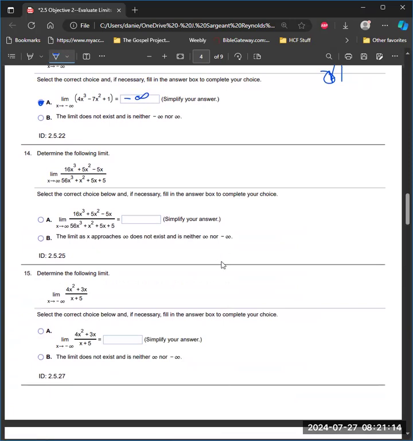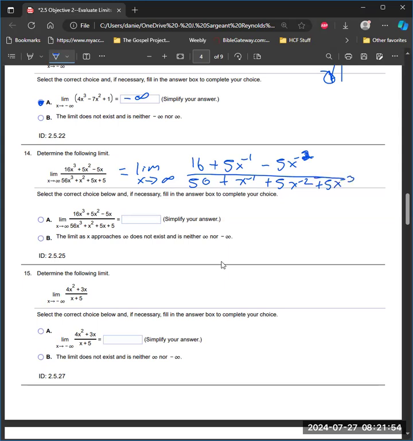Let's now go ahead and use that technique I was talking about before. Limit as x goes to infinity here, and I'm going to multiply everything top and bottom by x to the negative third. So this is going to be 16 plus 5x to the negative first minus 5x to the negative second over 56 plus x to the negative first plus 5x to the negative second plus 5x to the negative third.